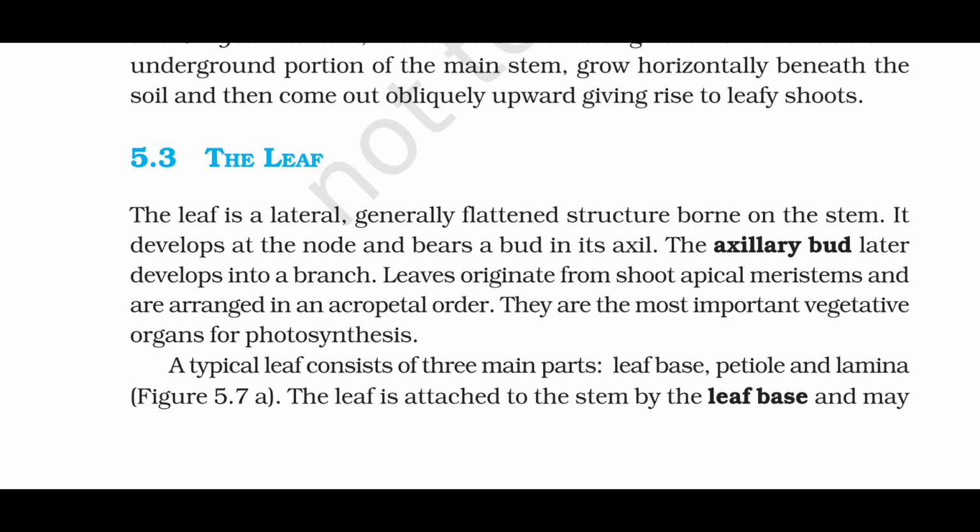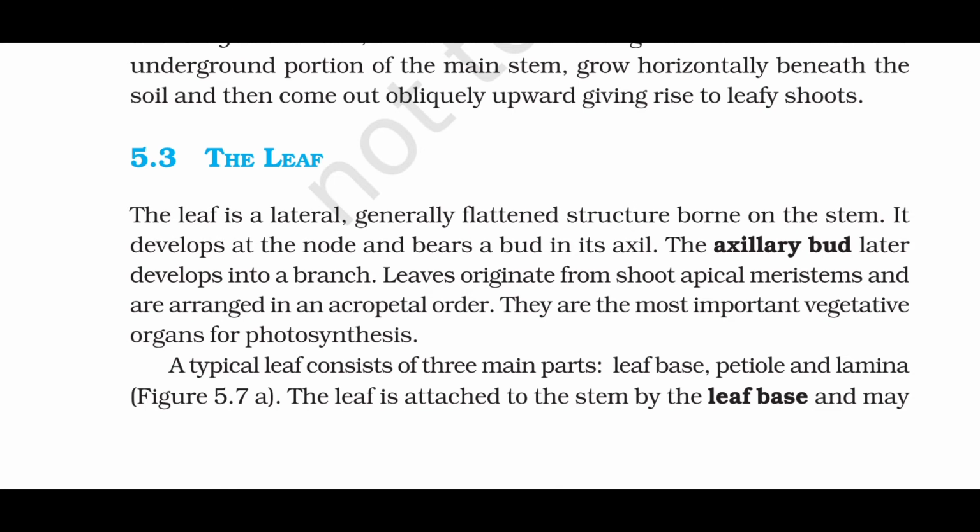Leaves originate from shoot apical meristem and are arranged in acropetal order. They are mostly important vegetative organs for photosynthesis. So in this paragraph they are explaining where the leaves originate, and also what is the main use of the leaf.